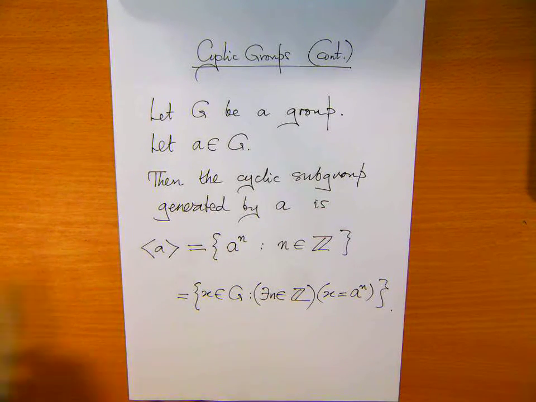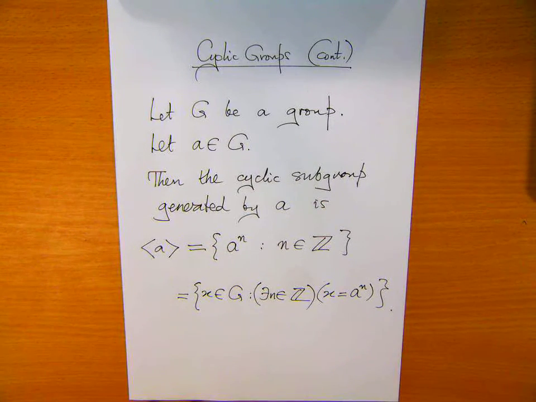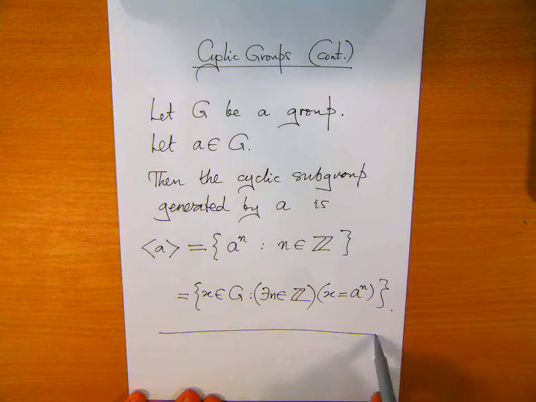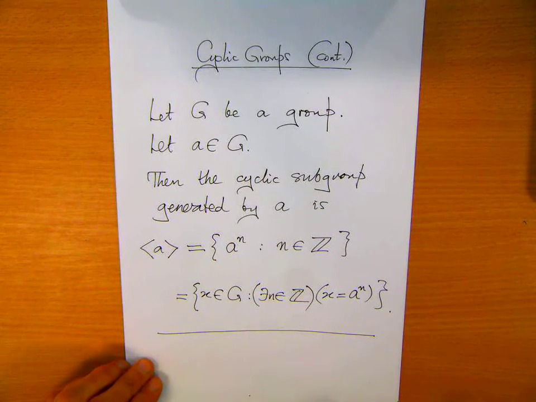I'll let you think about why the first one is slightly sloppy, but I'm quite happy if you use the first description. I'll use both in and among. So that's what pointed brackets A means. It's a set of all powers of A.